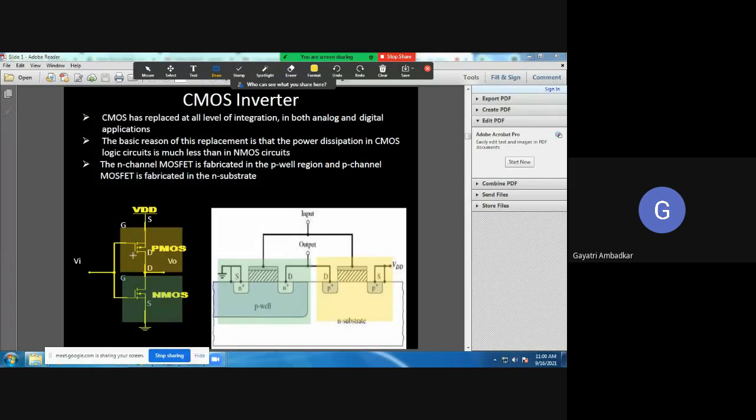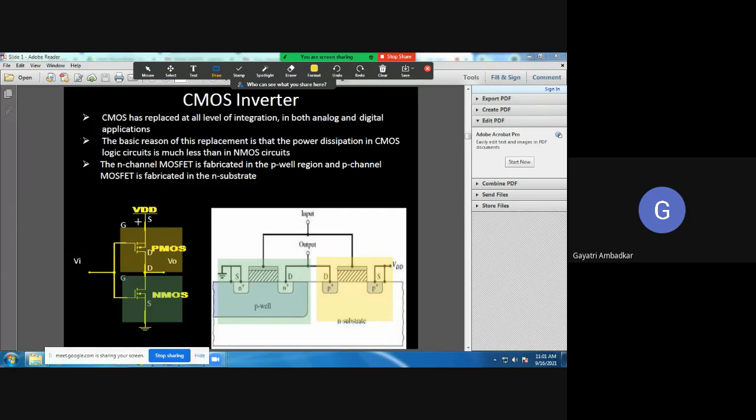Both drain terminals are connected together. Both gate terminals are also connected together. By connecting both gate terminals, we will give input, so that whatever you give here will go to both NMOS and PMOS.